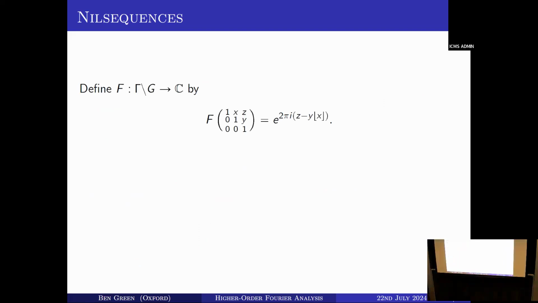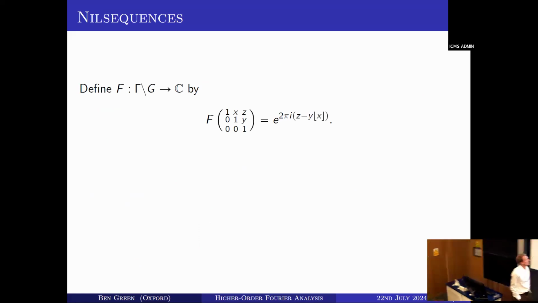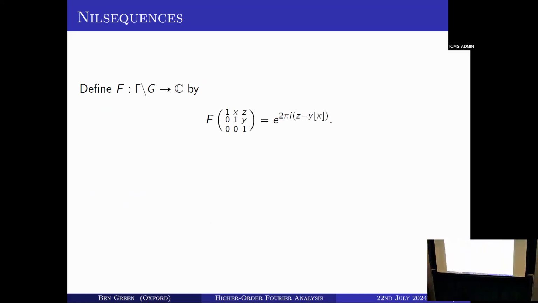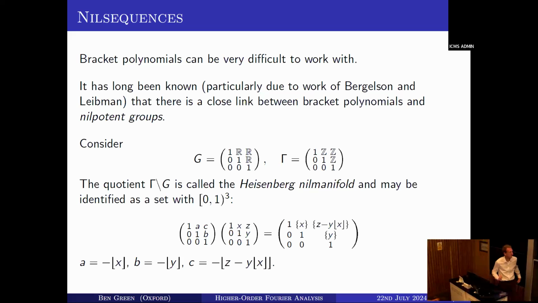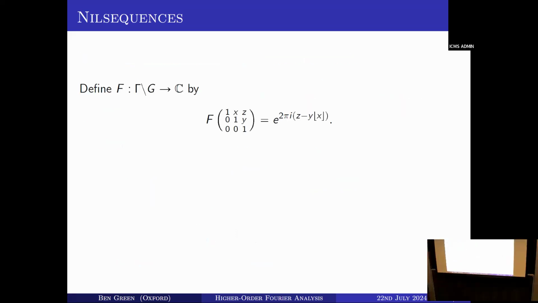So on that quotient space, on that nilmanifold, we can define a function like this. It's well defined modulo gamma, because of the formula on the previous slide. So I can define e to the 2 pi i of that phase, and it won't depend on which representative mod gamma I took.